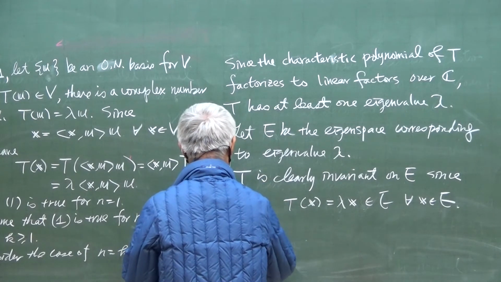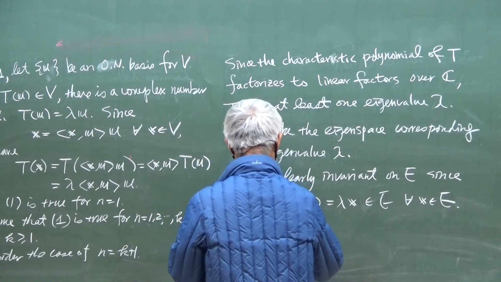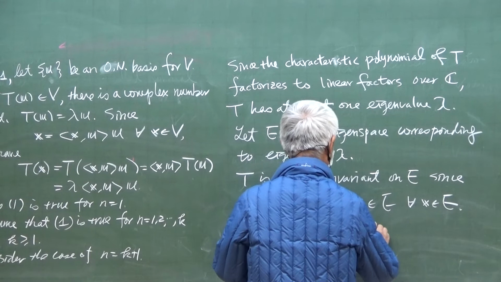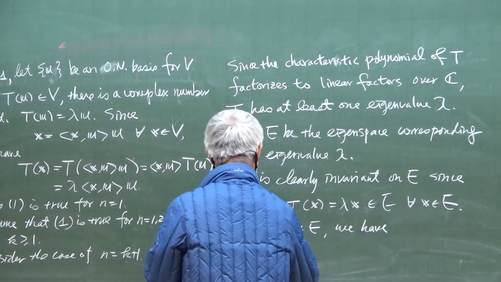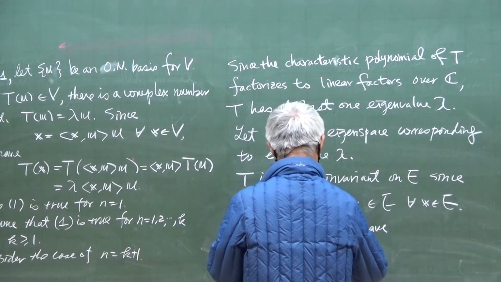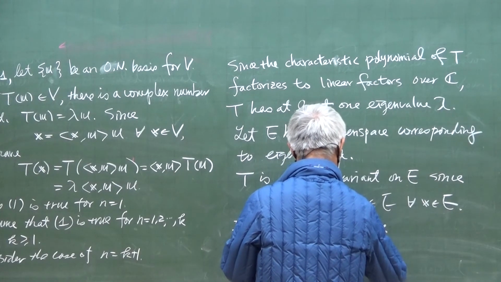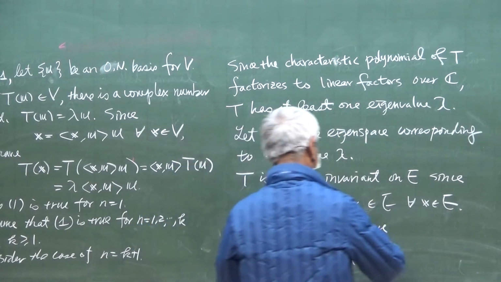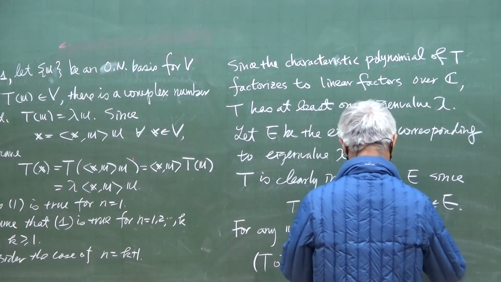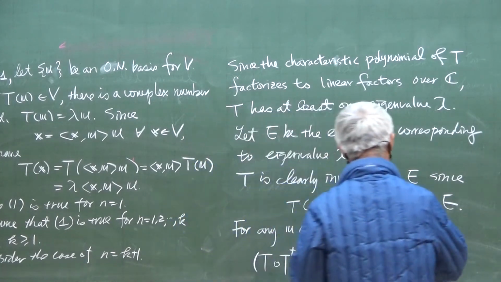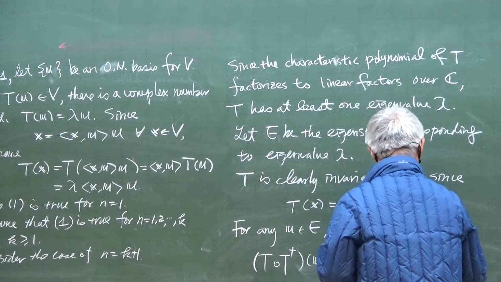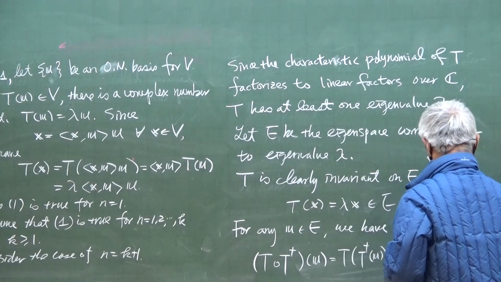So now consider any u in E. We have now T composed with T dagger u, which is equal to T dagger T u, and what is this? This is T dagger lambda u.